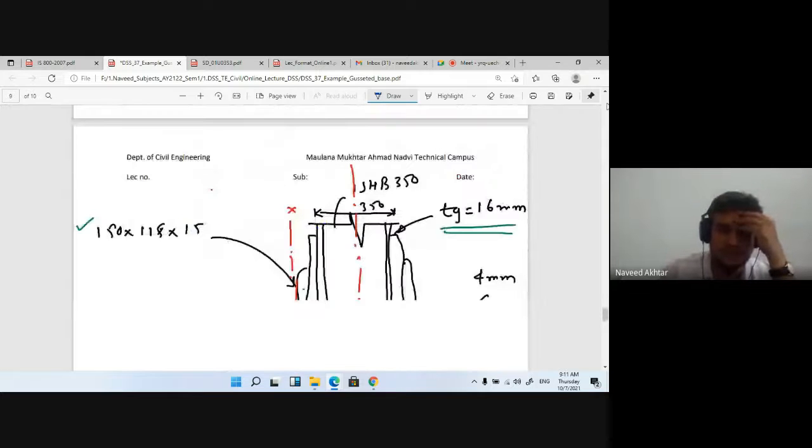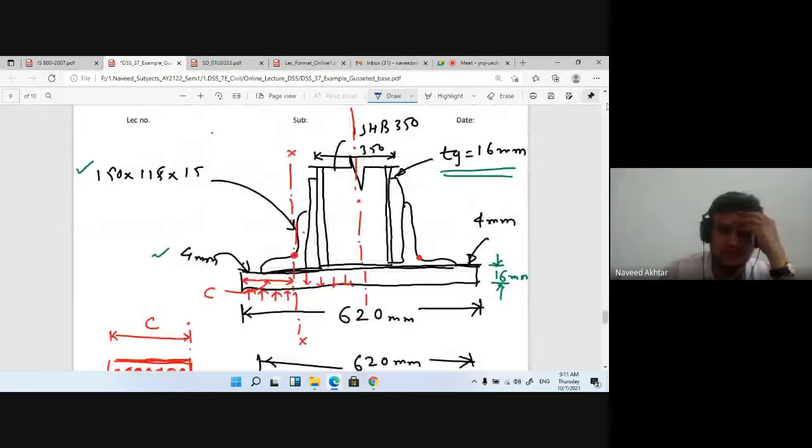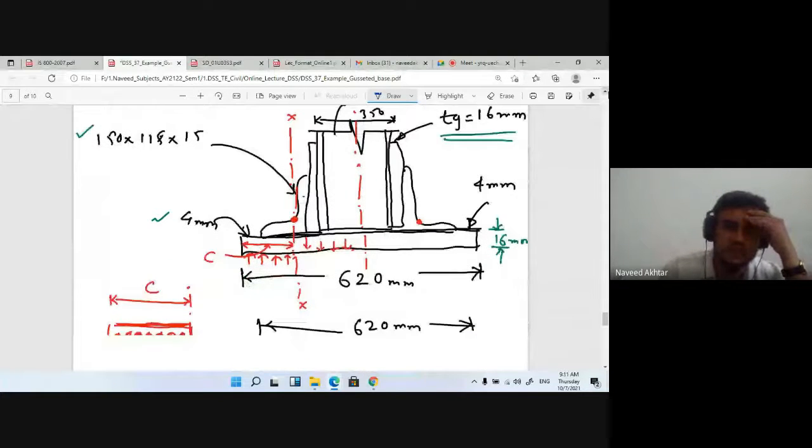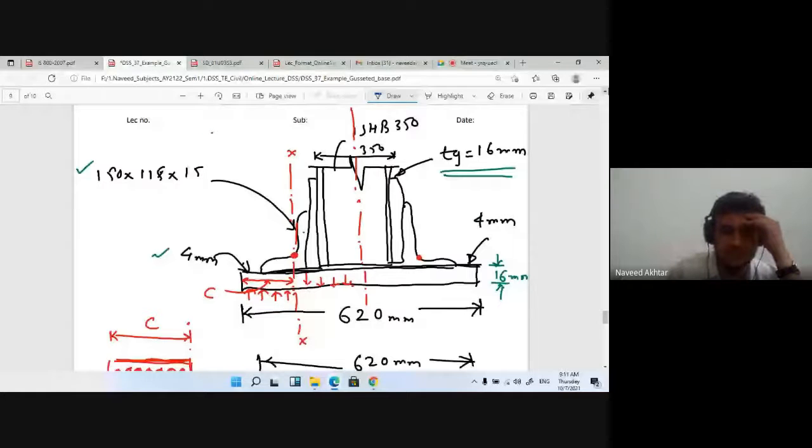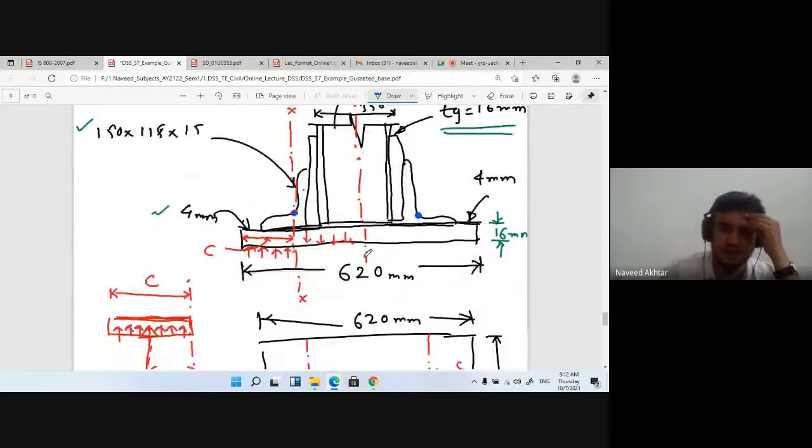Now in step number 7, you have to find out the value of C, and you have to find out the maximum moment from the critical section. The critical section lies at the root of the angle section.